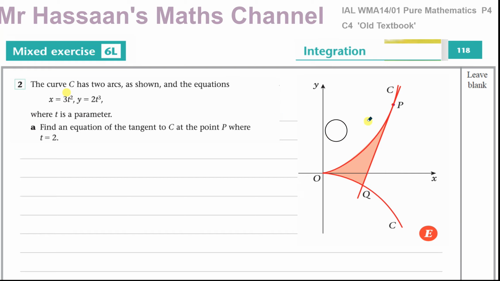Okay, now in this question here, we are asked to find an equation of the tangent to the curve C at the point P, where t equals 2. So at the point P, they've told us t is equal to 2.